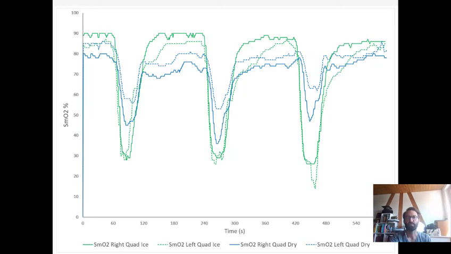What we see is that on the ice, the green lines, you get a very symmetrical response. Especially if we take this footballer paper, in the minimum values and in the recovery slope values, they're pretty similar. You get some difference in the right and left quad on the recovery, but the minimums are generally pretty similar. What was really interesting is that if you did the whole thing on dry land, you have pretty big right and left asymmetries, which is interesting.